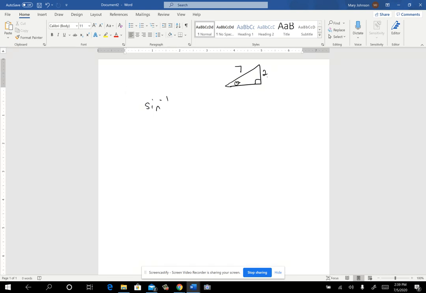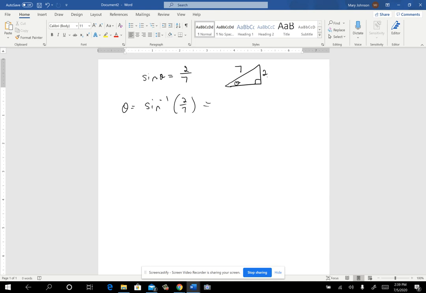So you started out by thinking, well, the sine of the angle would be opposite over hypotenuse. So what I need to do is the inverse sine of 2 over 7 to get my angle. You came to your calculator and hit second sine to get the inverse sine. You did 2 divided by 7.